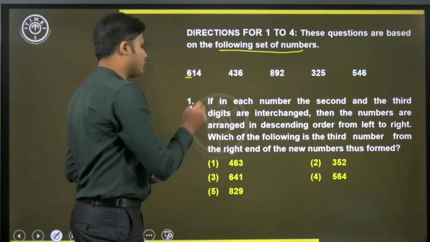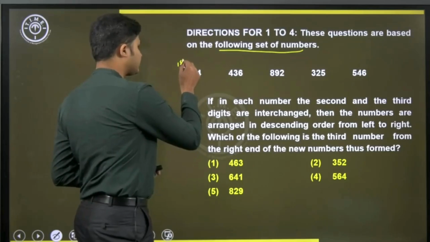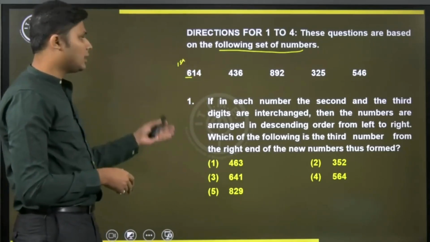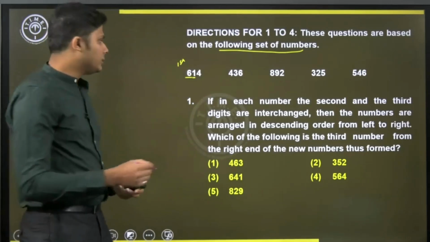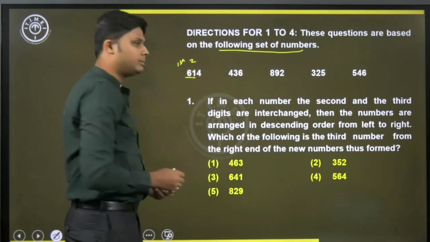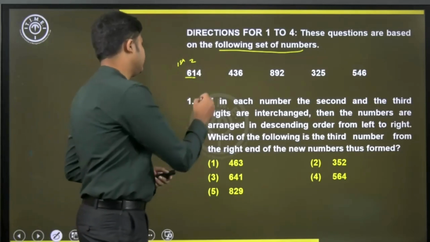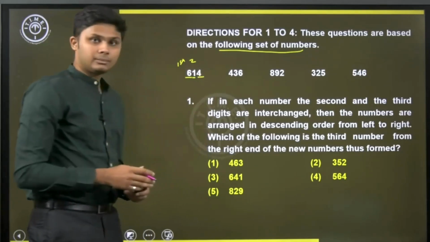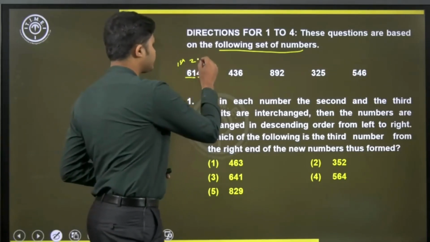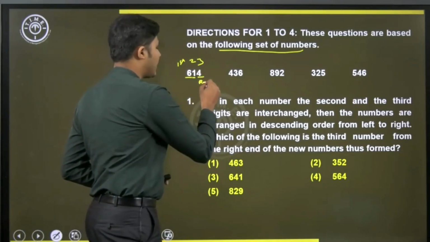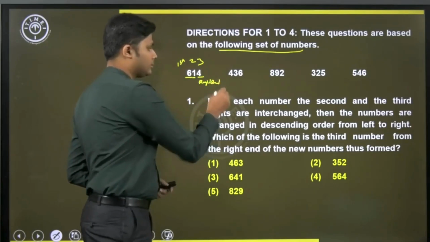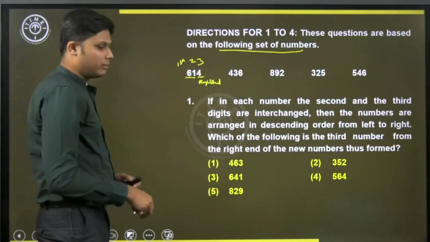Here 6 is the first digit, or is at the left end. 1 is the second digit, or the middle digit, and 4 is the third digit, or is at the right end. So now let's solve.